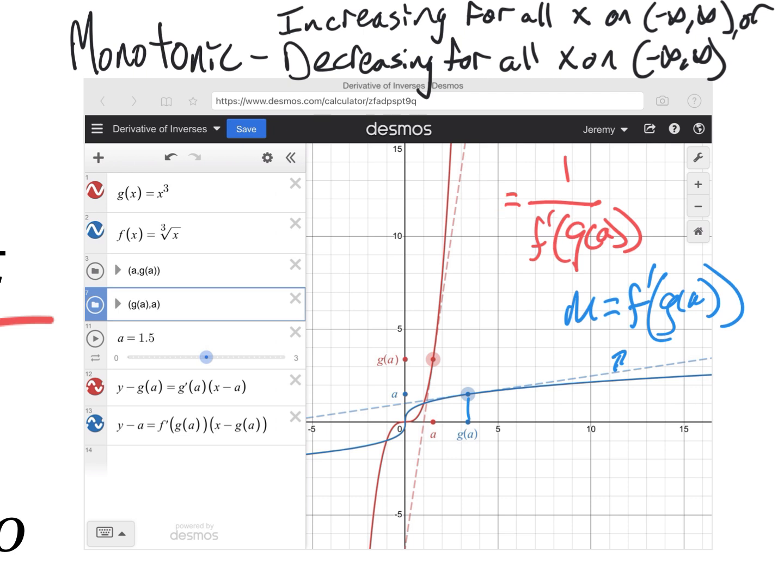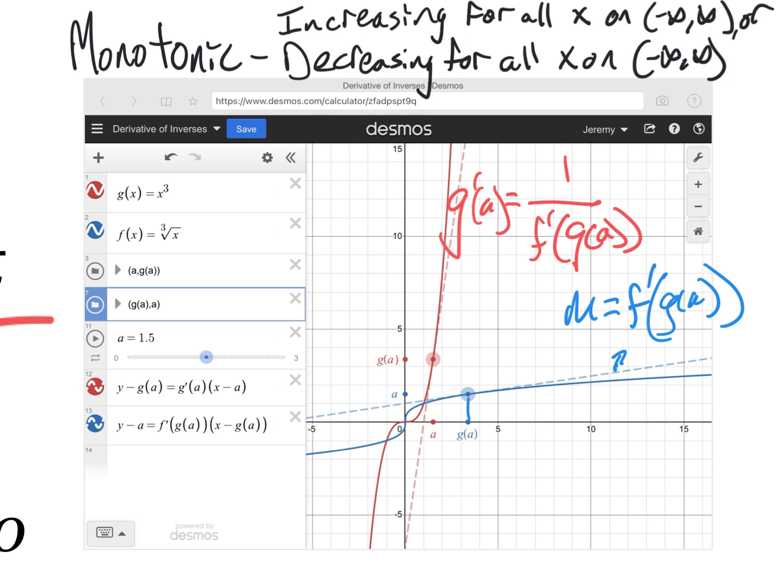The slope of the red line is just g prime of a. And there we can see our important formula. This is the formula that we're going to want for the definition of the derivative of an invertible function.